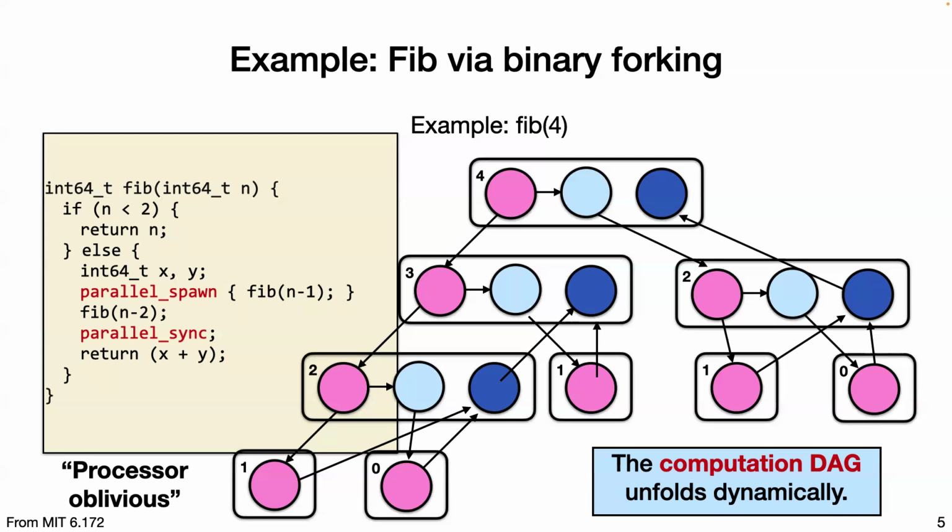Why do you have arrows going to light blue ones? Those are dependencies, or there's spawns and dependencies sometimes. So you have to finish this spawn before you move on to the continuation, which is n minus 2.